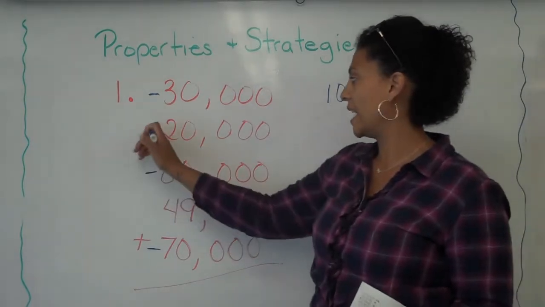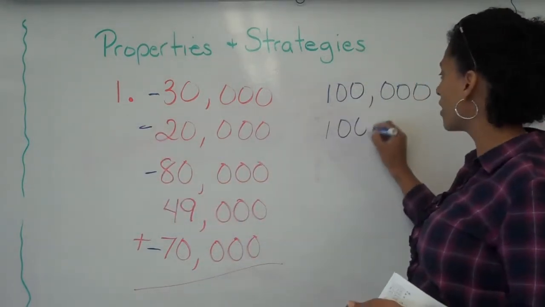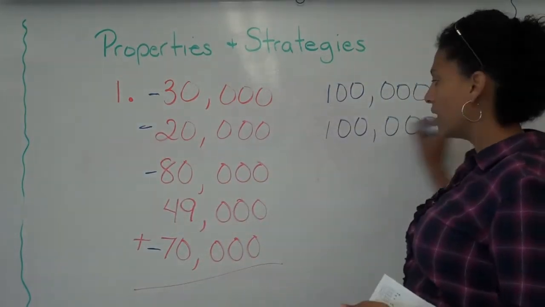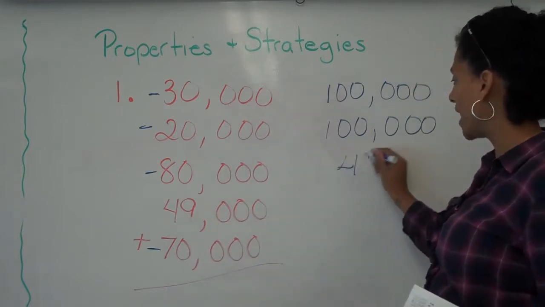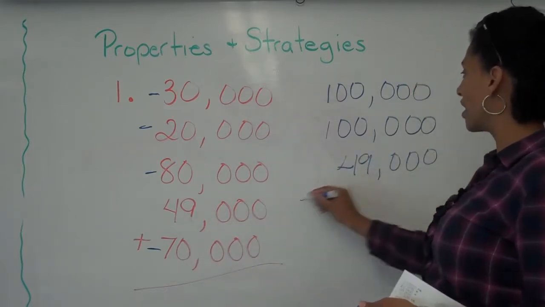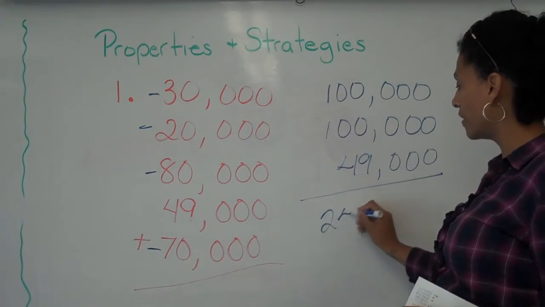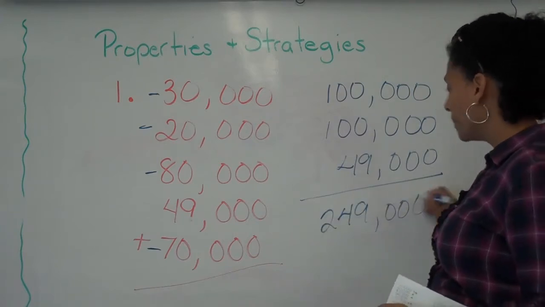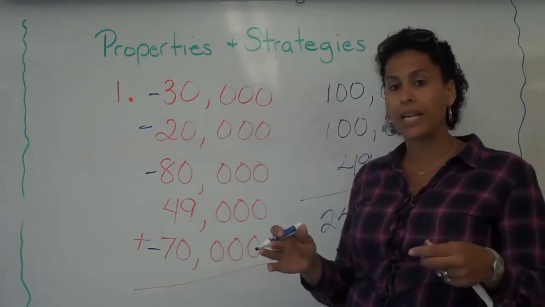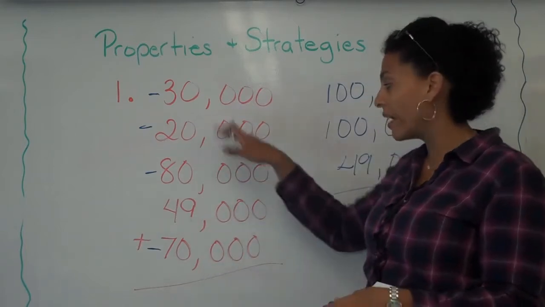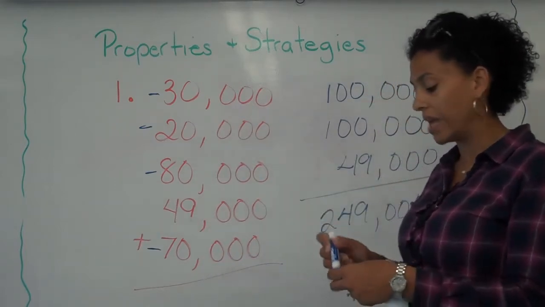Look at this, 80 plus 20. There's another 100,000. And then all I'm left with is this guy, 49,000. Much easier. 249,000. So those 2 properties tell me I can organize this however I want, whatever is easiest for me to get to my end result.